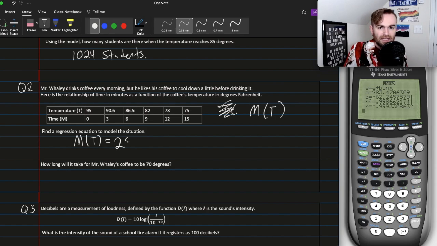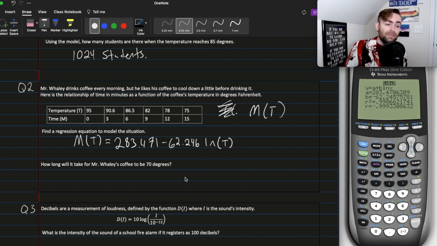It is 283.47, there we go, plus, I guess it would be a minus, it's negative there, minus 62.246 natural log of t. So that's not bad.